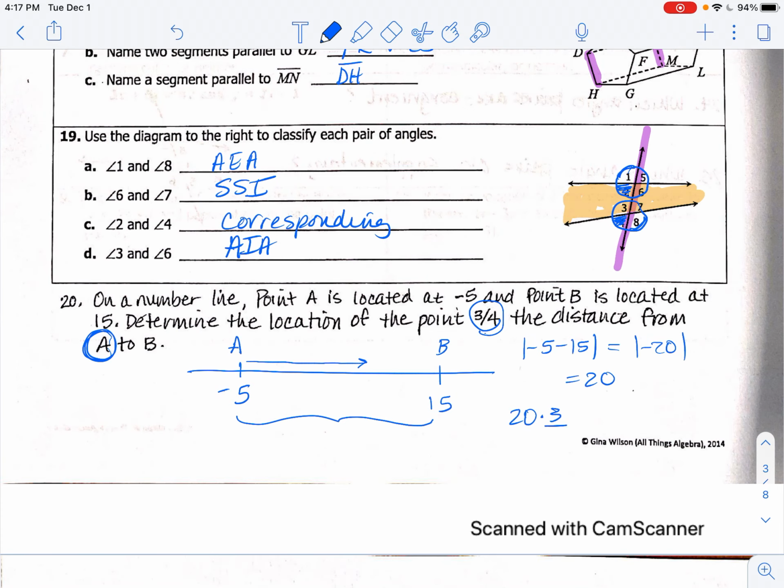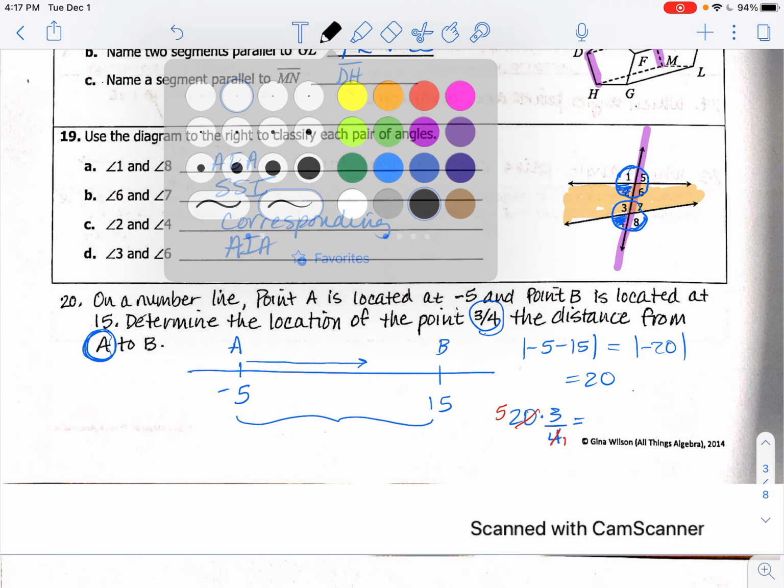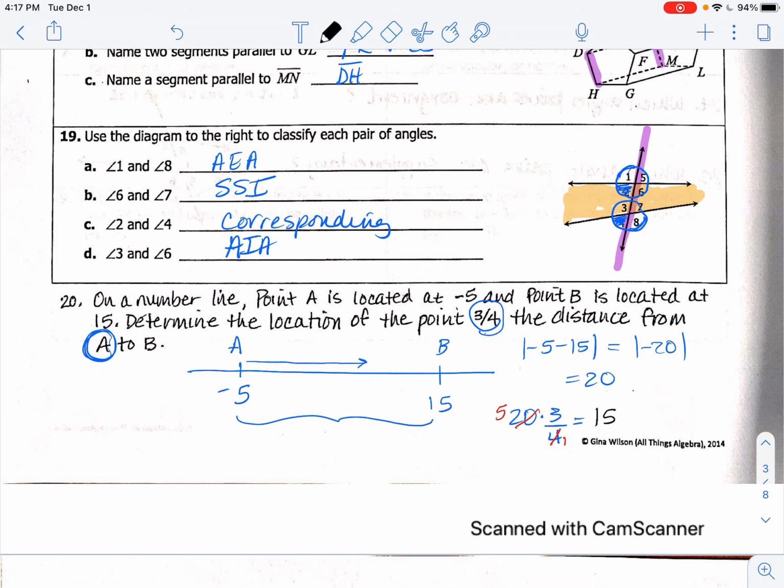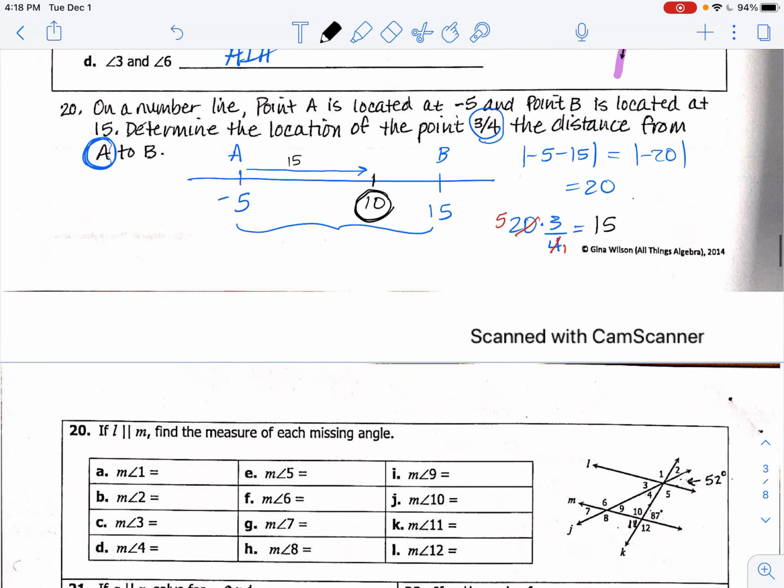Well, 20 times 3/4, let's see, I can reduce the 4 and the 20. 1 and 5. 5 times 3 is 15. I want to be 15 units from A. So I'm going to be moving 15 units this direction. Well, -5 add 15 will give me 10. So this is the point that is 3/4 the distance from A to B.